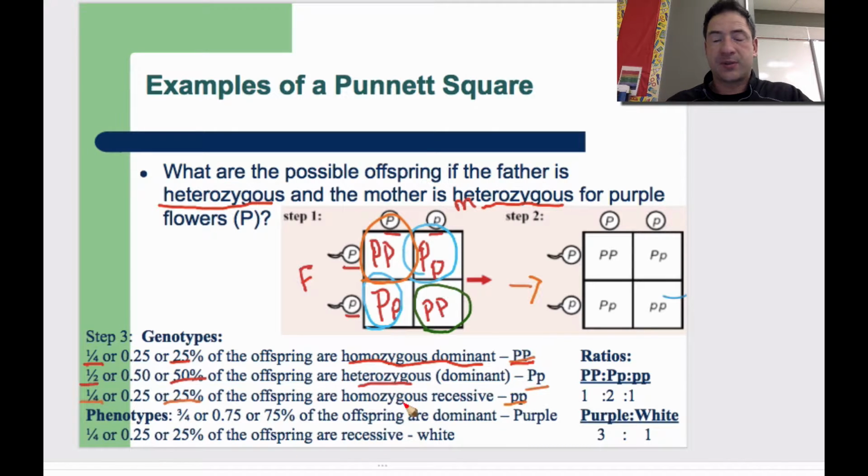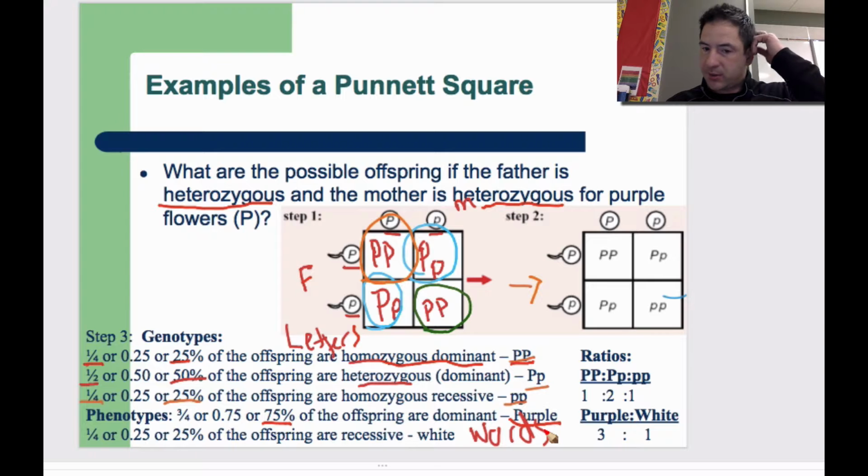But the phenotypes are the physical traits that show. Remember, genotype is letters, and phenotypes are words. Okay, so anyways, 75% of these, because the heterozygous and the homozygous dominant are all going to create purple flowers, are going to be purple flowers, whereas 25% are going to be homozygous recessive, and they are going to produce white flowers.